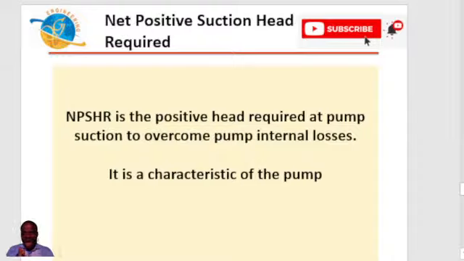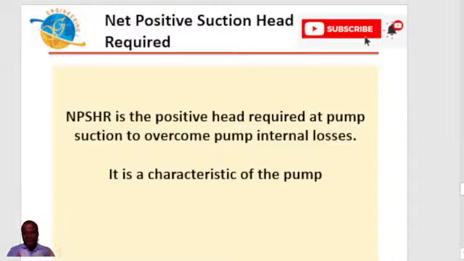You have to ensure that your NPSHA calculated for your system must be adequate to cover that requirement. So regardless of the NPSHR obtained from the vendor, it is critical to get that NPSHA, which is your system characteristic.